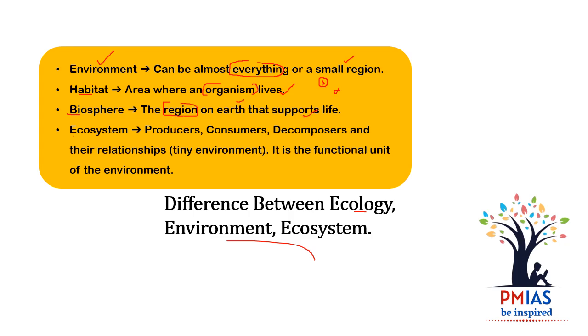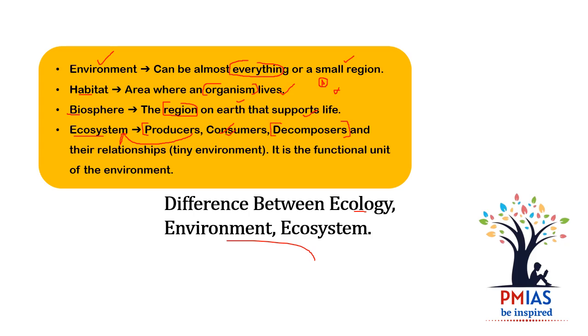Okay. Next thing is ecosystem. Ecosystem consists of producers, consumers, as well as decomposers. All these three are clubbed together to form the ecosystem. So producers, primary producers, secondary producers, consumers, primary or secondary consumers, and decomposers.